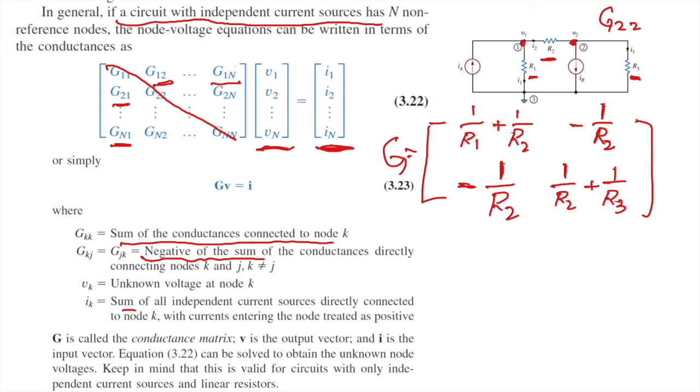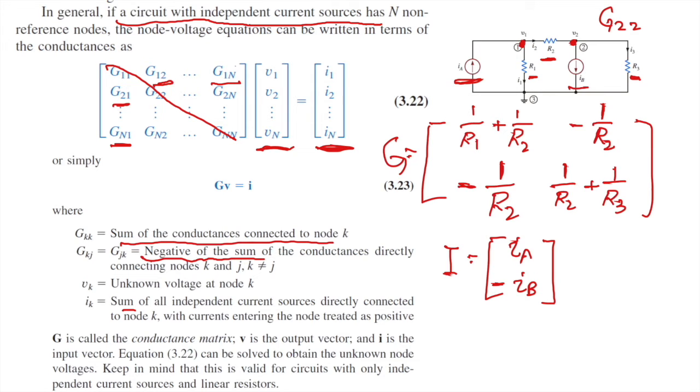And the I matrix has 2 elements because we have 2 nodes. For the first node, we have IA connected to the first node, and it is entering the node, so it is positive. So that is IA. For the second node, we have the independent current source IB, and it is leaving the node, so we have negative IB.